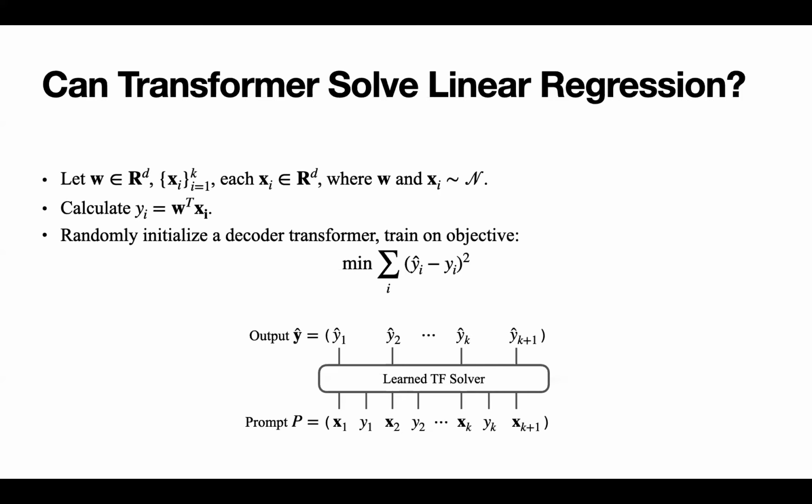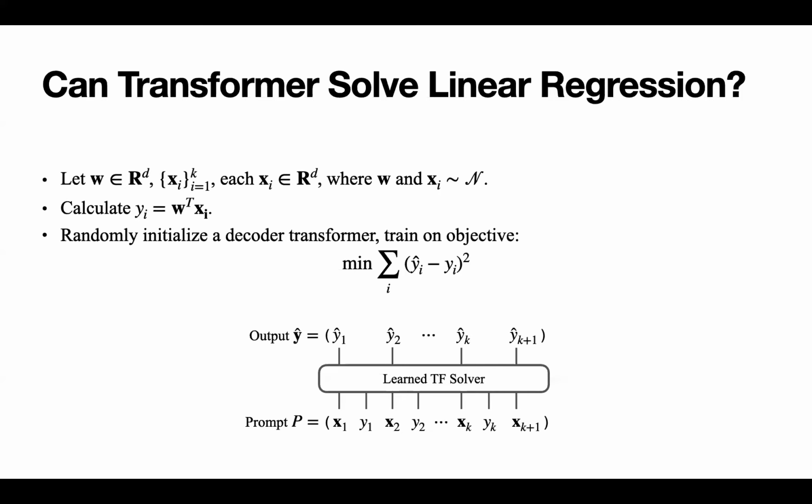And then we'll train a randomly initialized decoder transformer given this format. The prompt will be structured as x1, y1, x2, y2, all coming from the same linear function, but each xi is randomly sampled. Because this is a decoder transformer, it has causal masked attention, such that when it's seeing x1, it only has the information up to x1, and it's trying to predict y1.